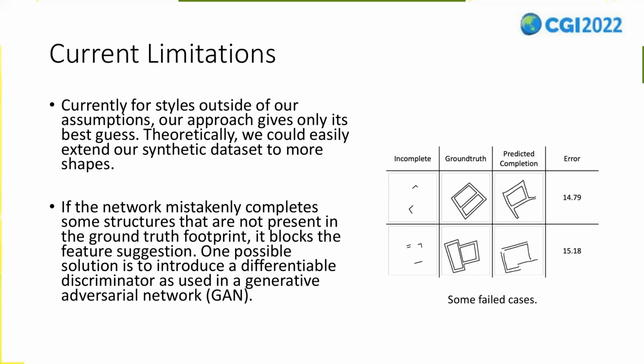The second limitation is that if the network mistakenly completes some structures that are not present in the real footprint, it might block the feature selection. One possible solution is that we can take advantage of GANs, generative adversarial networks, to solve this limitation.